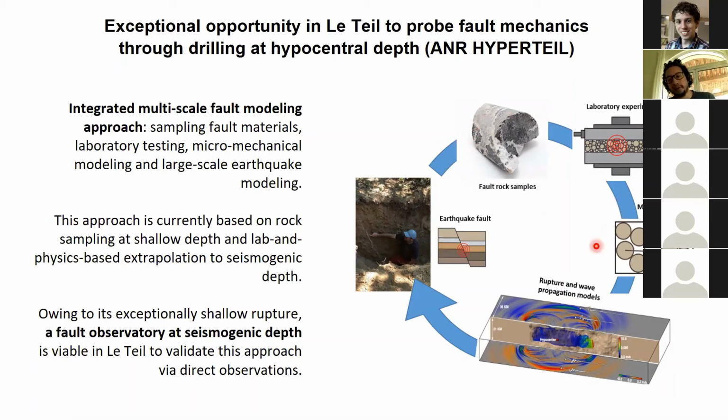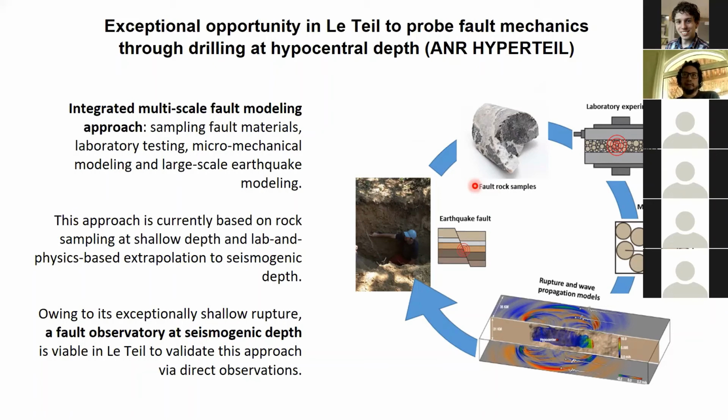Then we can go through this cycle of taking the fault rocks to the lab, estimating their mechanical properties, using micromechanical models and lab experiments to extrapolate up to the behavior that would prevail at 1 or 2 kilometers depth. We use that in earthquake models to make predictions about the earthquake behavior, and then compare that to the observations. All of this can be done with samples of rock taken close to the surface.